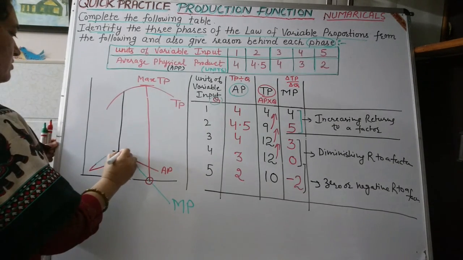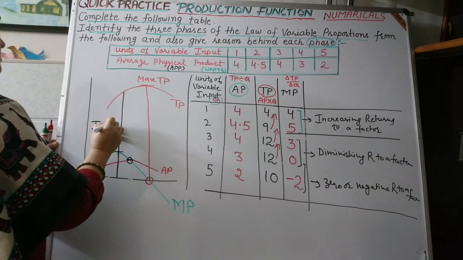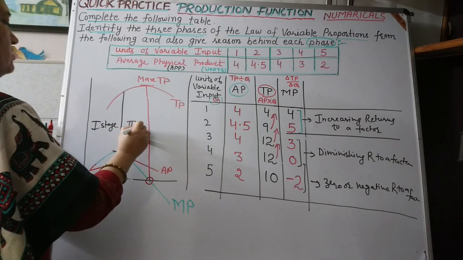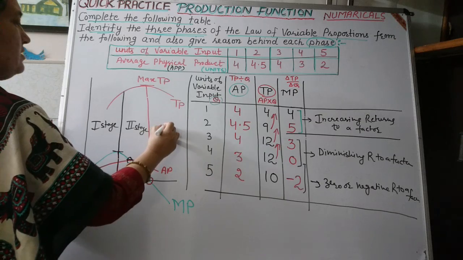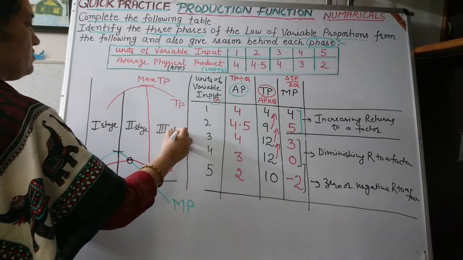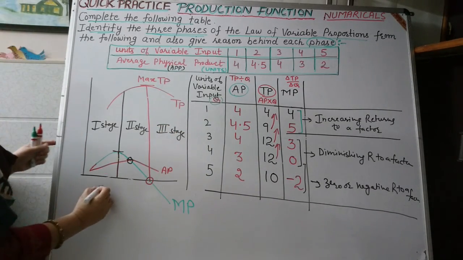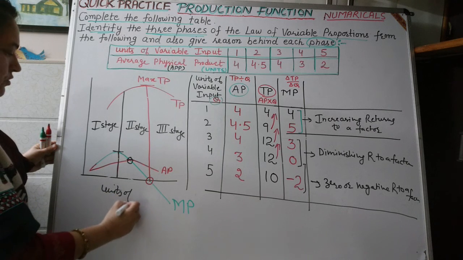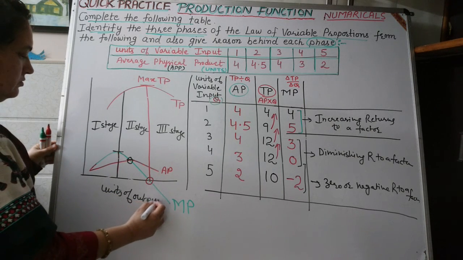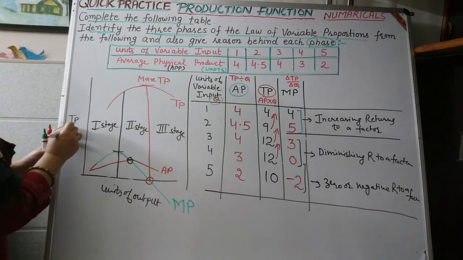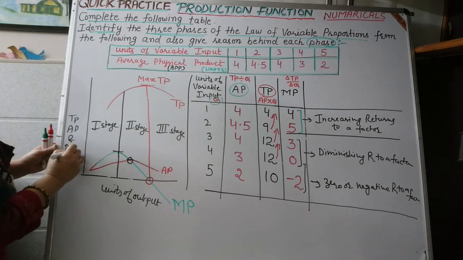This represents the first stage, second stage, and this is the third stage of production. Units of output, here TP, AP and MP.